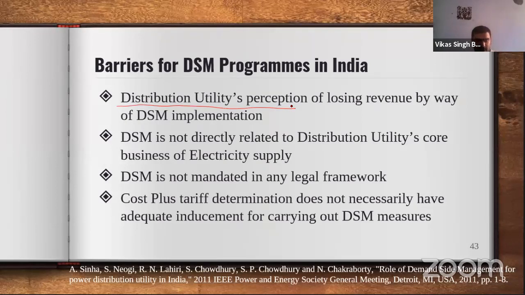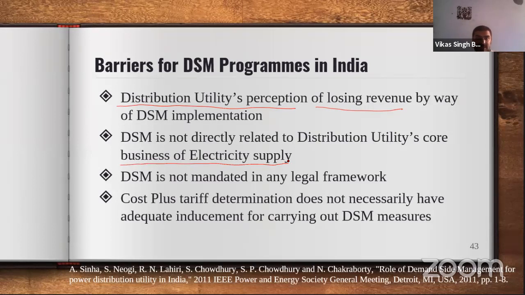Utilities have a fear of loss of revenue. This is the main barrier. DSM is not directly related to the core business of electricity supply. They are not bothered about demand side management; they think their business is to generate and distribute.